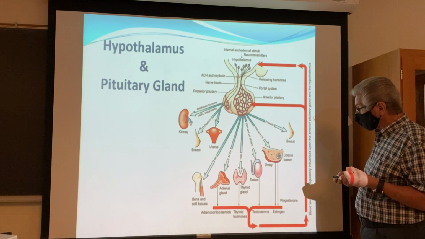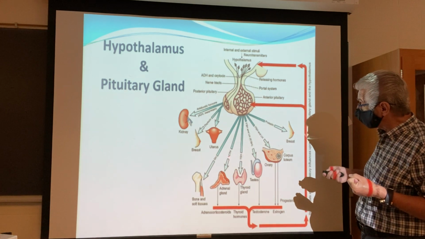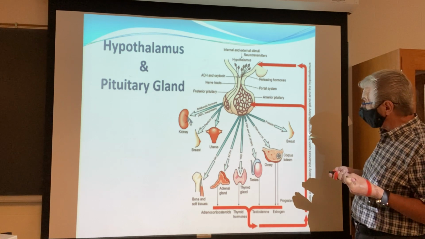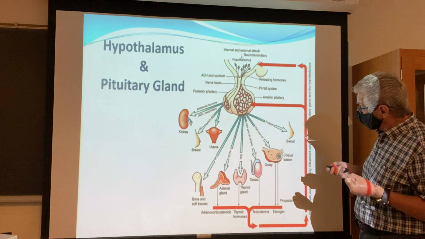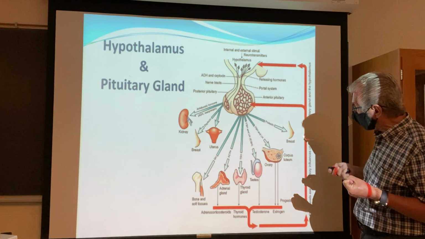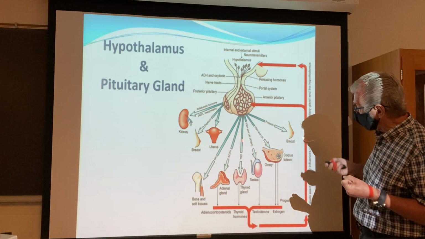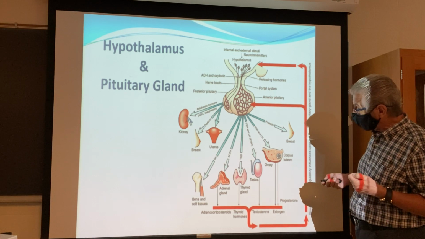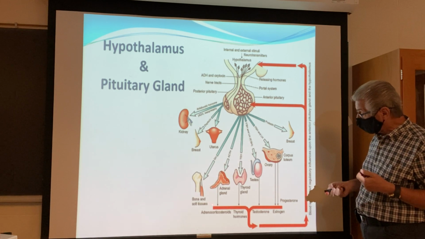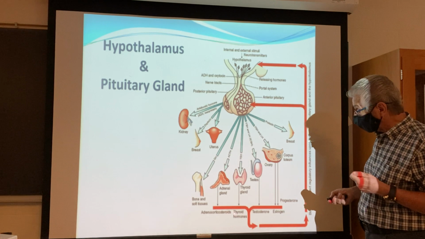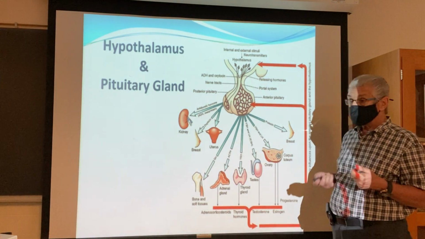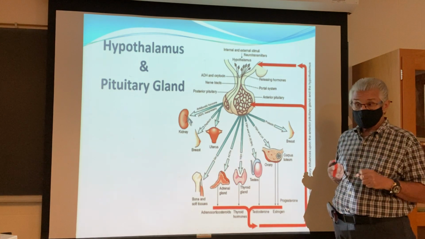Throughout your lifetime. Here we have ACTH, adrenocorticotropic hormone, which is stimulated by the hypothalamus, which then is going to stimulate the adrenal gland to produce adrenocorticosteroids, cortisol, specifically.